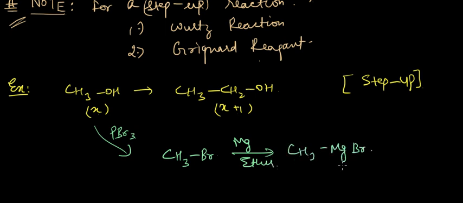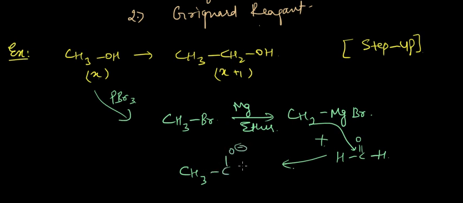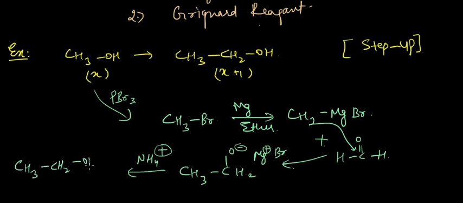Then using this Grignard reagent we can add a substrate which can be formaldehyde, and on this formaldehyde CH3 from the Grignard reagent will be acting, and we'll get something like CH3CH2O negative Mg plus Br. Later we can provide an acidic medium to this compound, and we get this as the product which was required.